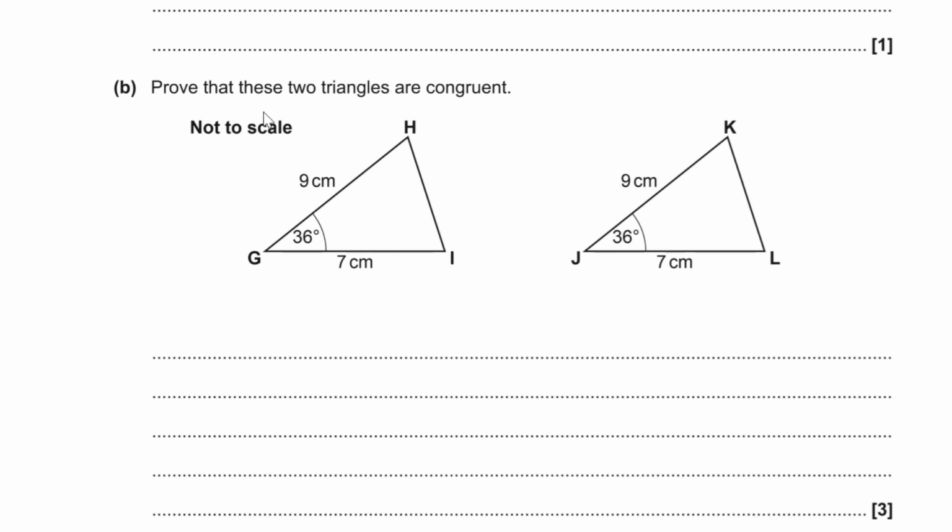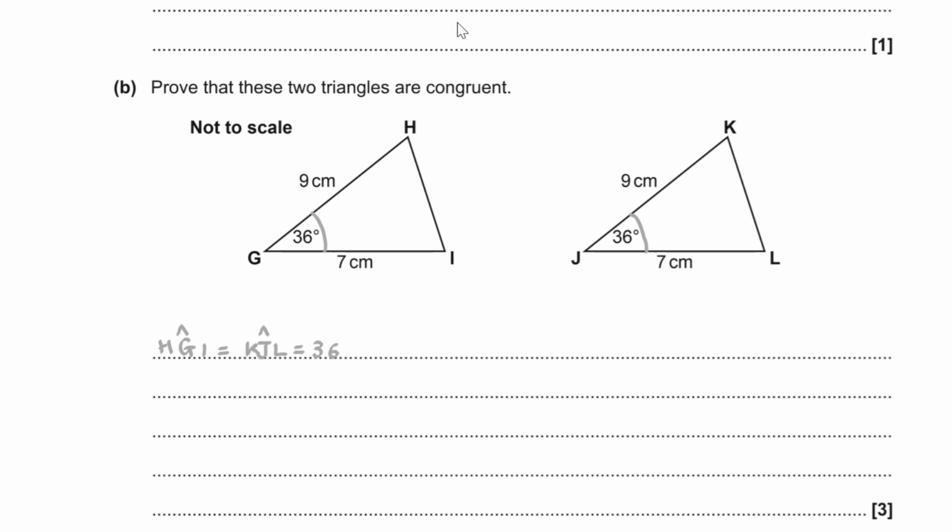Well, first of all, what you can see here is the angle HGI is equal to KJL. So let's just write that down. HGI equals KJL, which is equal to 36.